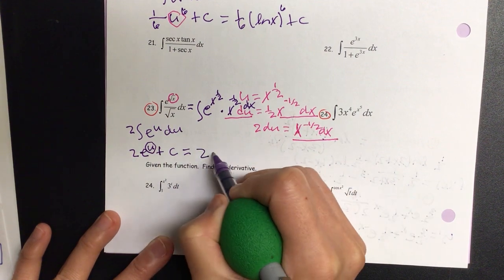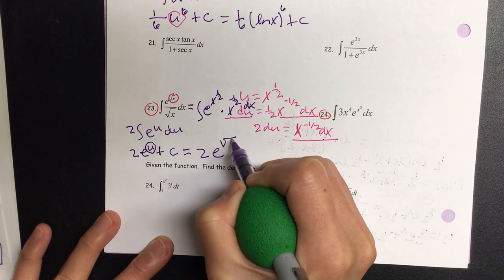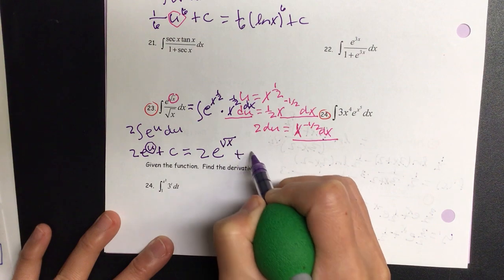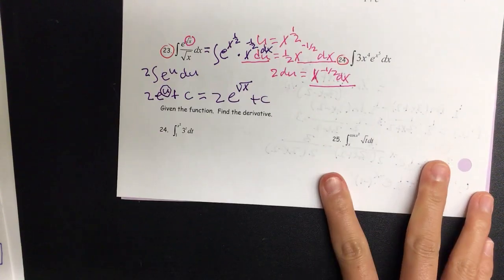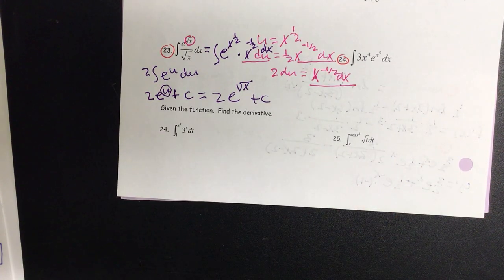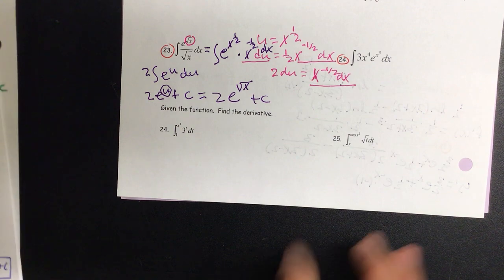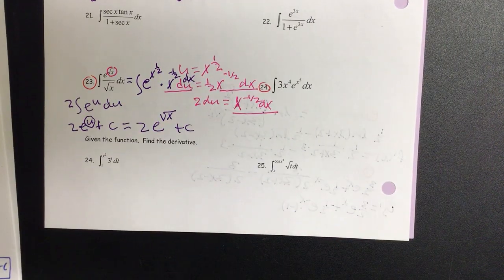So I have 2 e to the power of, I'm just going to write it as a radical x plus c. If you want to leave it as a power with a fraction, that's fine too. All right, questions on this one? Good? Okay, let's go to number 24 and hope I have enough room.